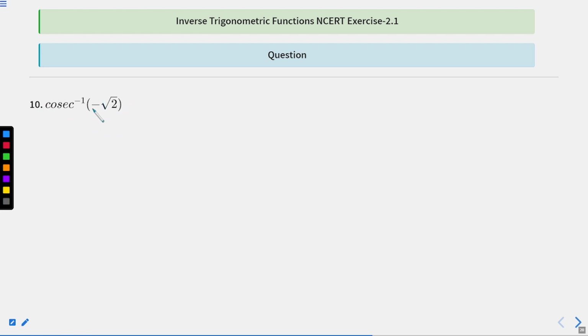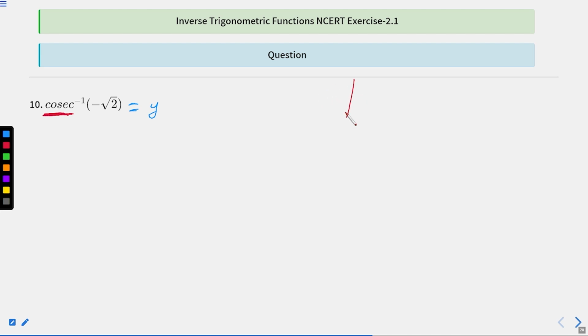In order to find the principal value, you start by putting this equal to y, and first of all you must know the principal value branch for this cosec inverse function.